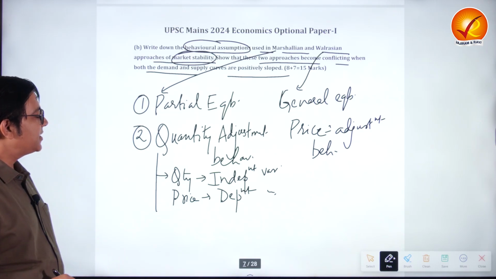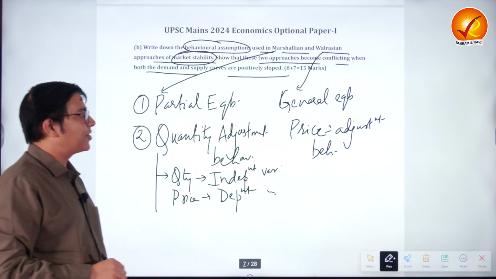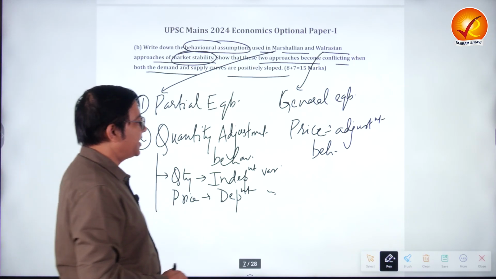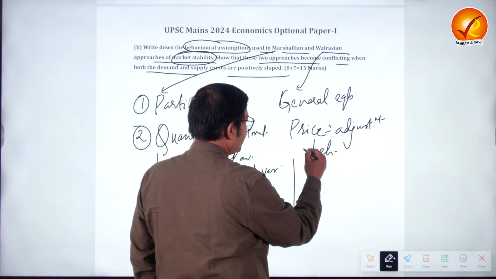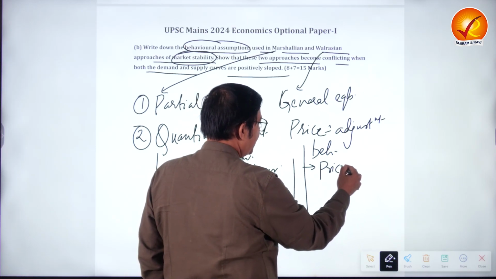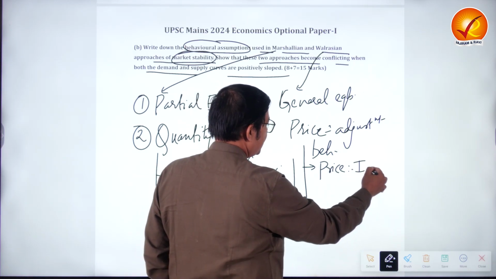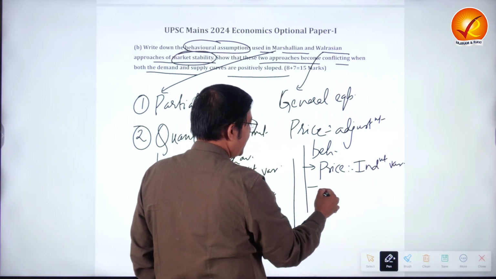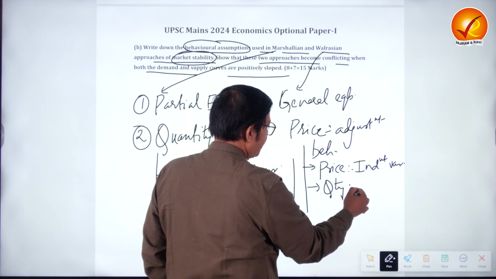According to Marshall, the producer first decides how much quantity it is going to sell, and that will determine the price. It is opposite in case of Walras. Here, price is the independent variable while quantity is dependent.